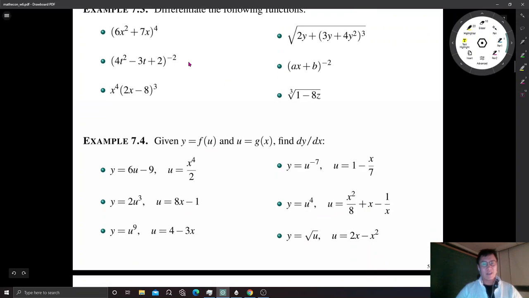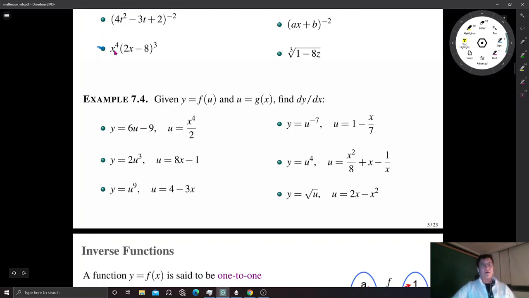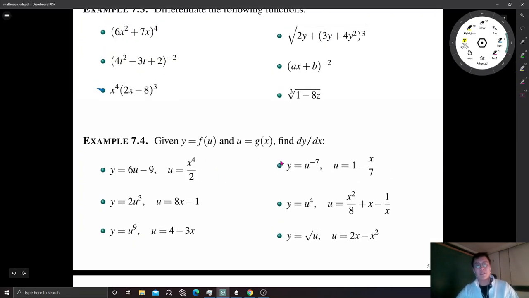And so here we have several examples, several applications of the chain rule. Among these, let me show you two examples. This one, okay? x to the power fourth times (2x minus 8) cubed. So this is kind of a summary exercise.